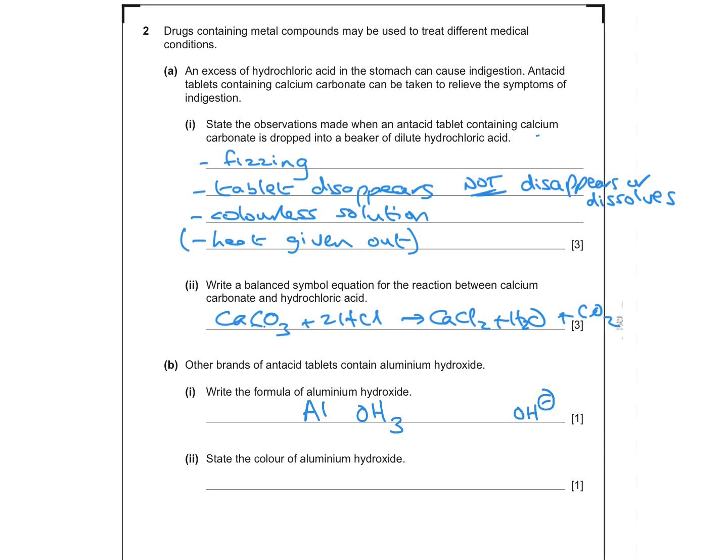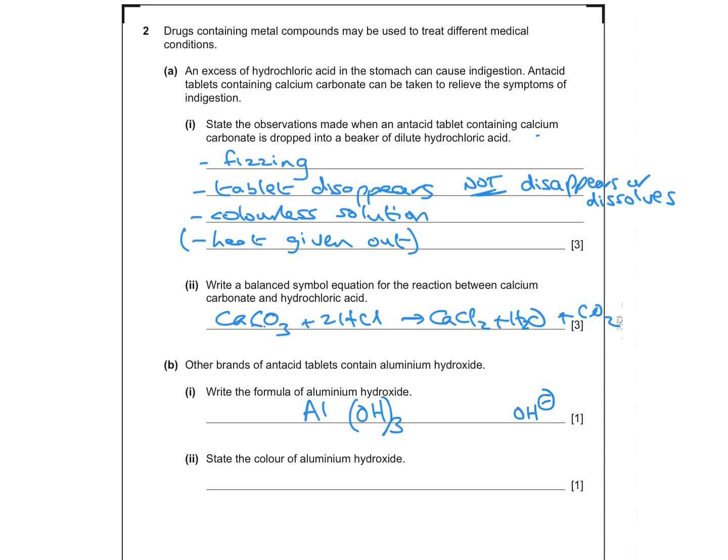We swap it over. I don't need to put in the 1. Now, the hydroxide is made up of 2 different elements. So we've got to put brackets around it, because what we're trying to say is that there are 3 hydroxides to every 1 aluminium ion.